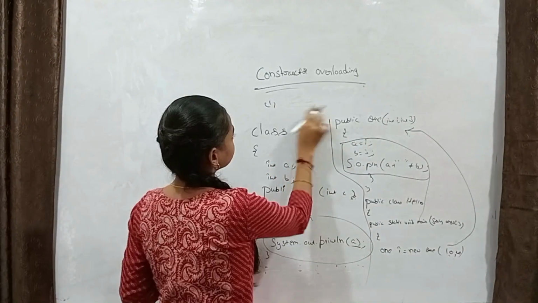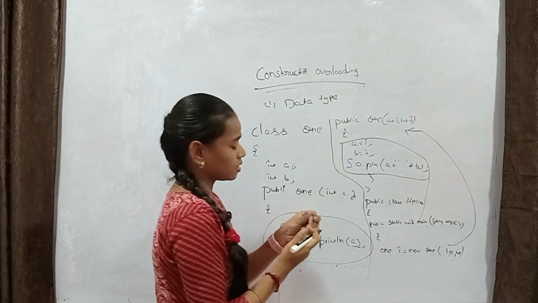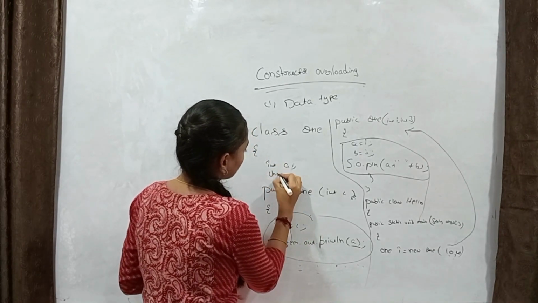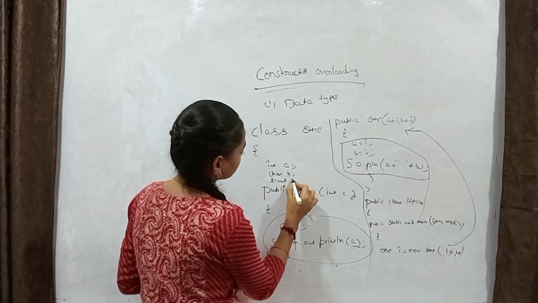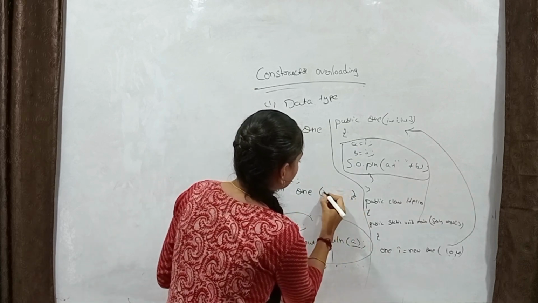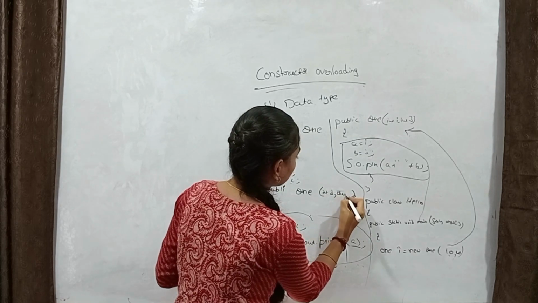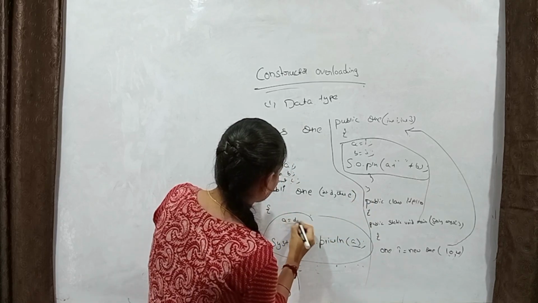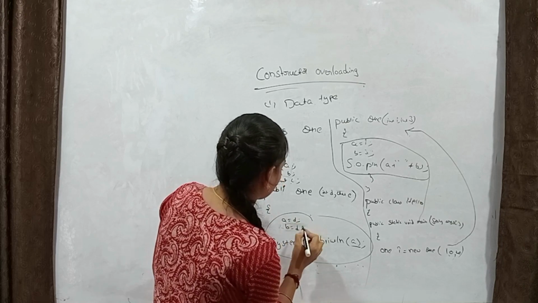And the next one is data type. Here see, if I take one int value and one char value, and in another constructor an int value, a char value and a float value, like this. In the first constructor, I write int d and char e.